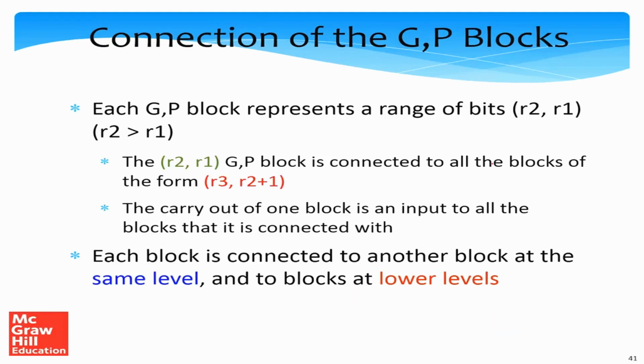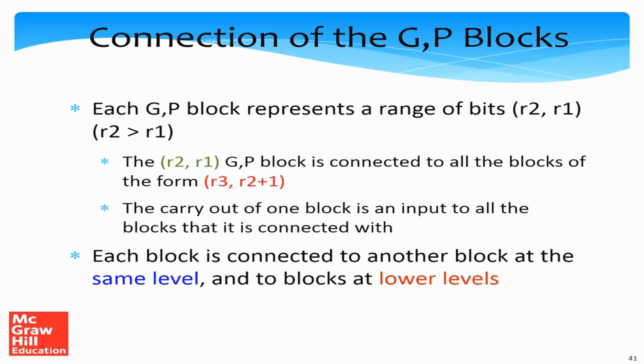So keeping this in mind, let me once again explain this in a textual way. See, each GP block represents a range of bits R1 to R2, where R2 is greater than R1. So the R2 R1 GP block is connected to all the blocks of the form R3 R2 plus 1, and to avoid extra connections, we can assume that these blocks are at a lower level.